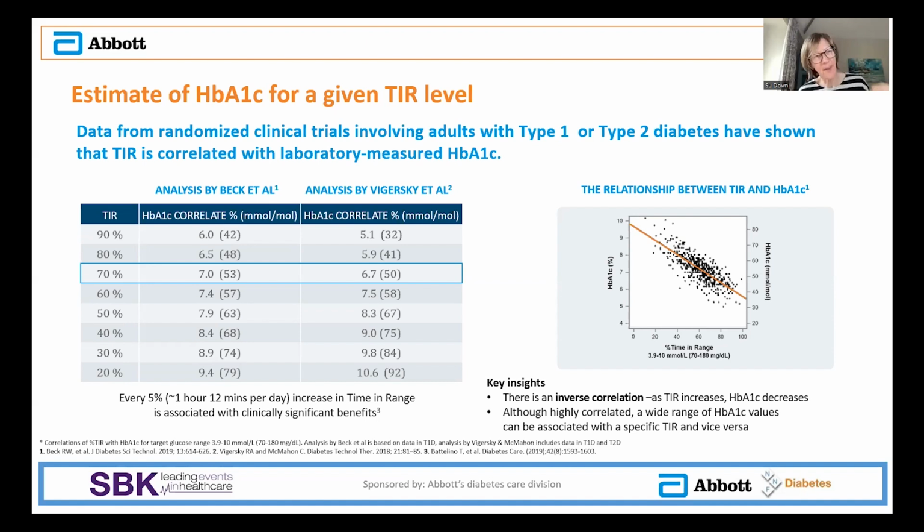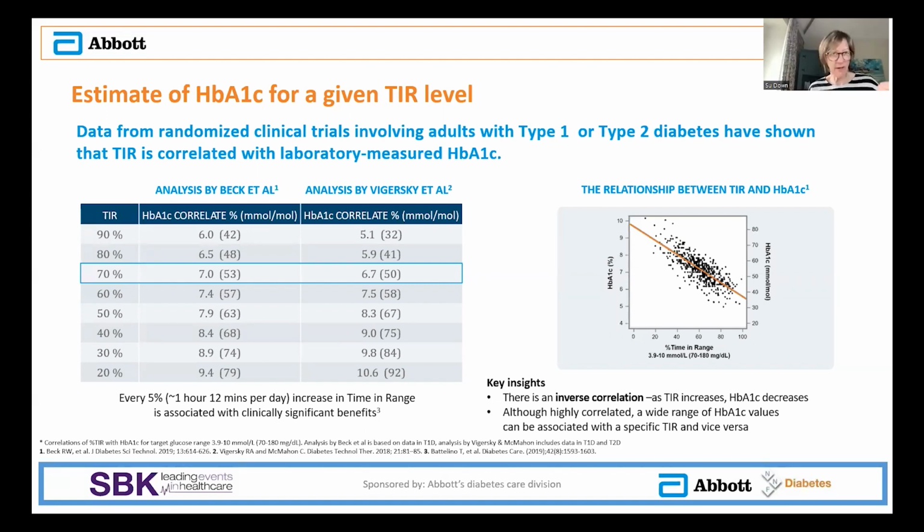However, the best correlation that we get is if you spend 70% of your time with a glucose between 3.9 and 10, your HbA1c will be somewhere between 50 and 53 millimoles per mole, depending on how you look at that. The more time in range you spend, if you see here 90% time in range, your HbA1c could be somewhere between 32 and 42.